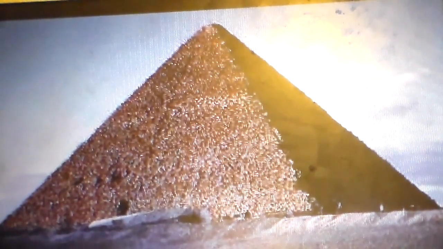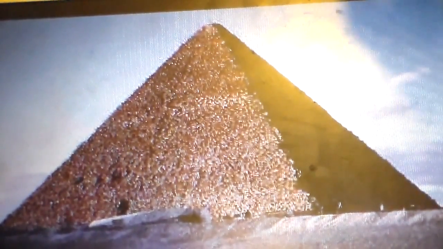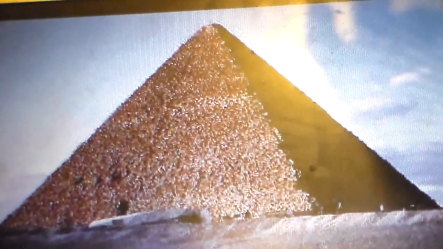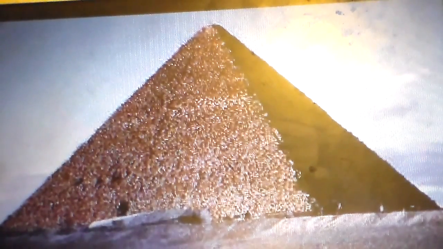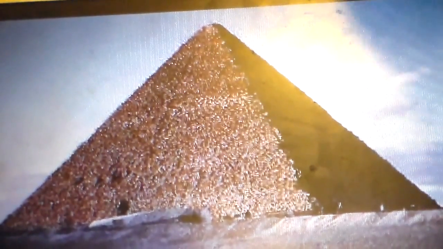And the Bible refers to a pillar that will be a pillar of witness in the last days, and that it will be at the center of Egypt and at the border thereof. Now, this Great Pyramid is in the delta of the Nile, which is right on the border between Upper and Lower Egypt.